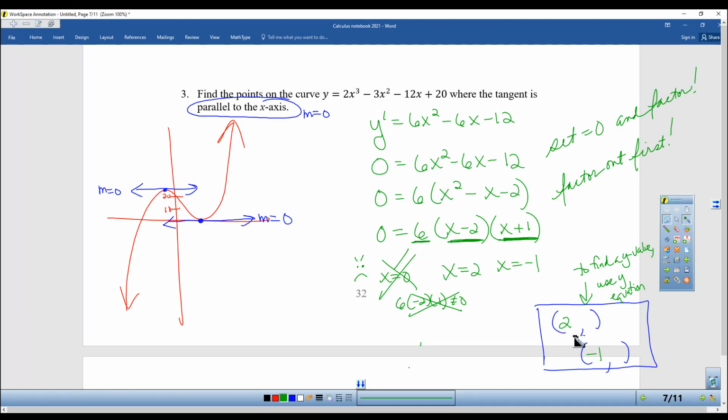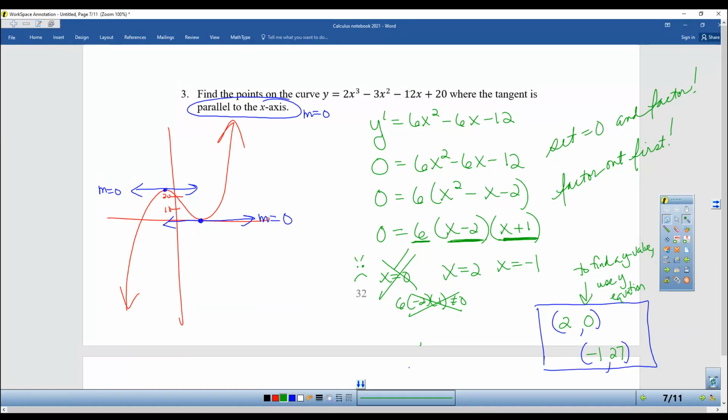You want to know the point. So if you want to know the y value, use the y equation. So when I plug 2 into this equation, I'm going to let you do that math yourself. But you do get 0. And if you plug -1 back into this equation, you'll get 27.